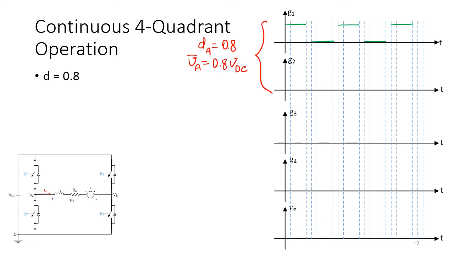Sorry, it's 0.8. And we talked about the complementarity, that is exactly G2 is the opposite of G1. Like this.